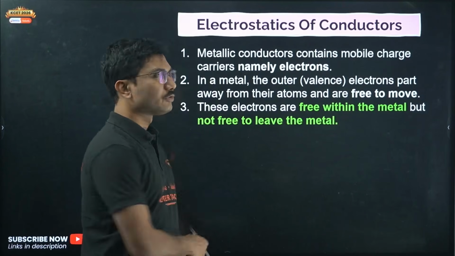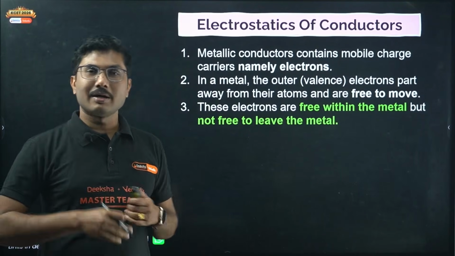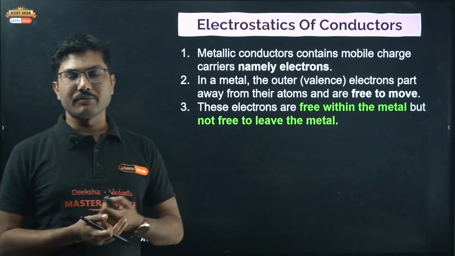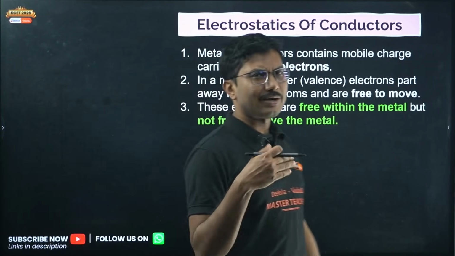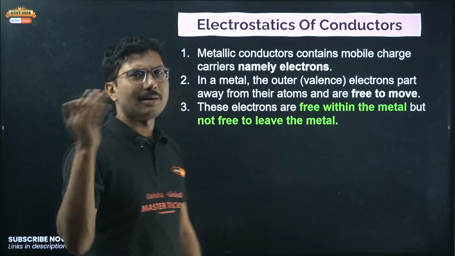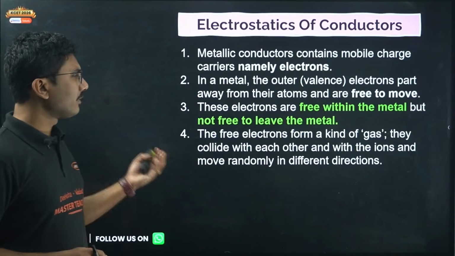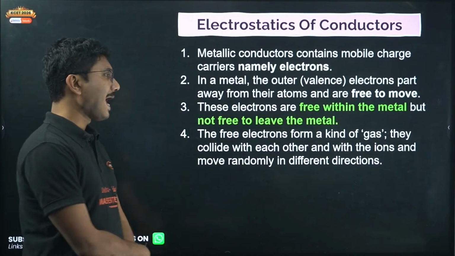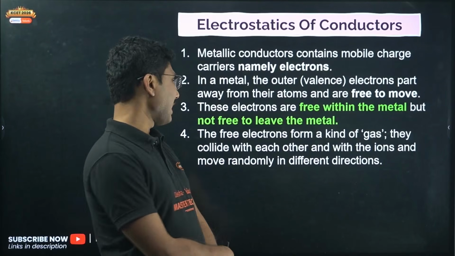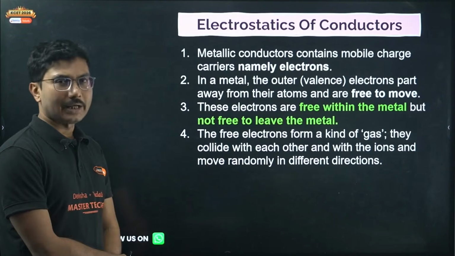Very important. So these electrons cannot come out of the metal of their own will, but they are free within the metal. Within the metal they can do whatever they want, but they cannot come out. Free electrons form a kind of gas. They collide with each other and with the ions and move randomly in different directions.